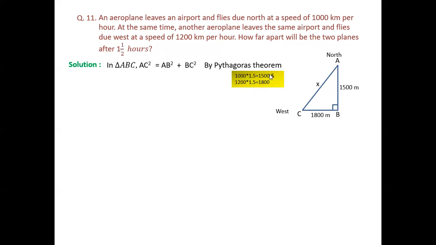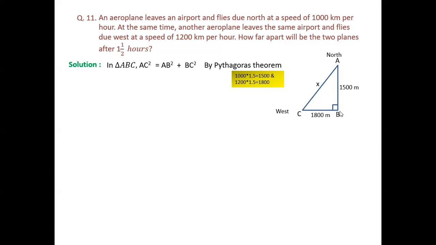So 1000 plus 500 will be 1500. That means the plane traveling towards the northern direction would have traveled 1500 kilometers in 1.5 hours, and the plane going towards the western direction, it is 1200 into 1.5, that is 1200 plus 600, that is 1800.